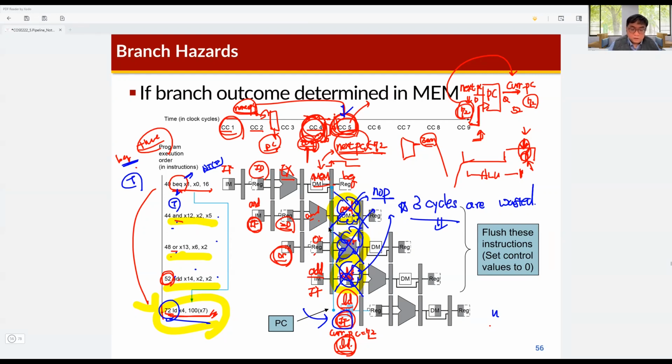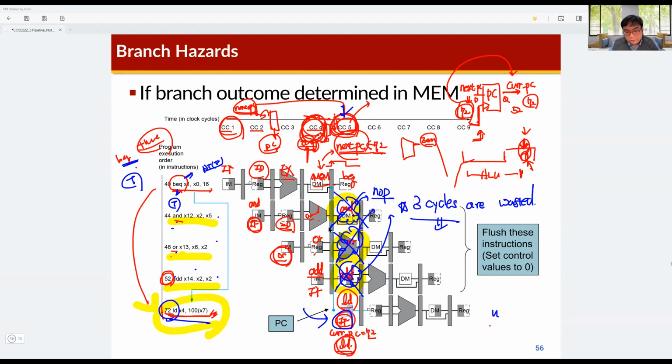Until the condition of the branch instruction is resolved, we do not know the next PC. The next instruction can be the target of the branch instruction if the condition is true, or the very next instruction, that is, the instruction at PC plus 4.